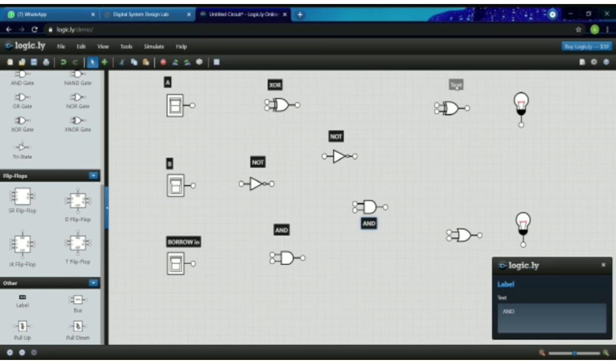This is XOR gate and this is OR gate. So we will try connecting them. And I'm labeling the outputs as sum and the difference as borrow.